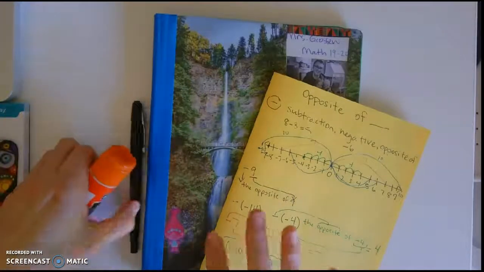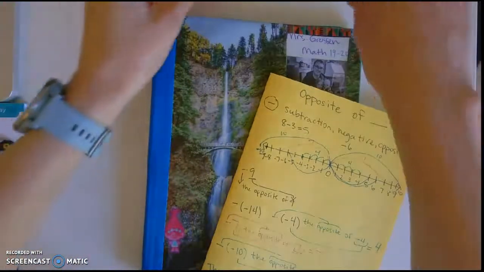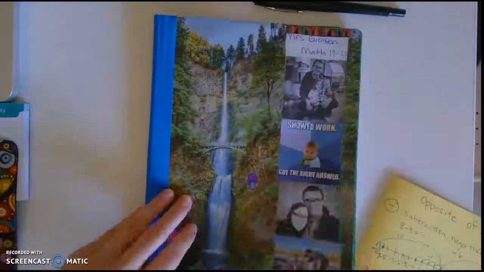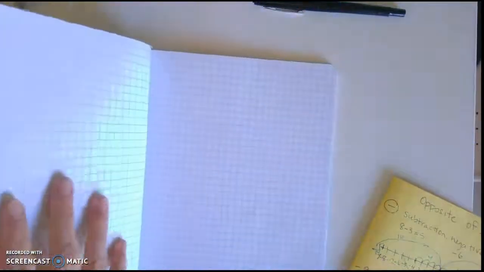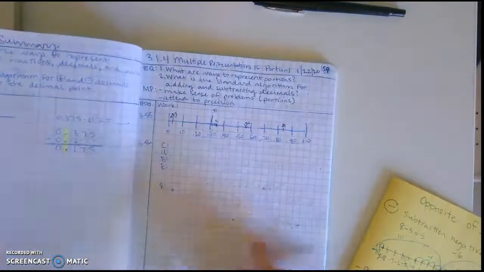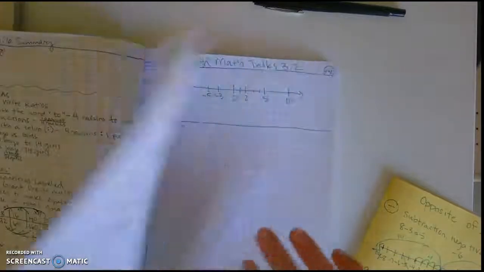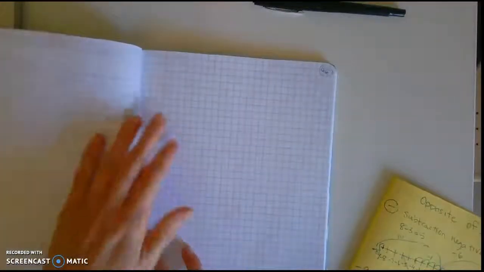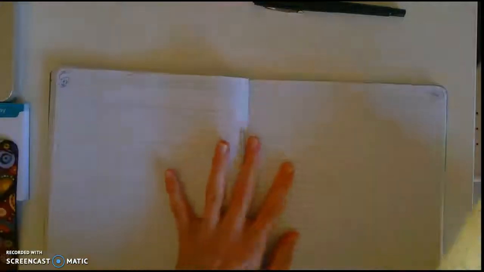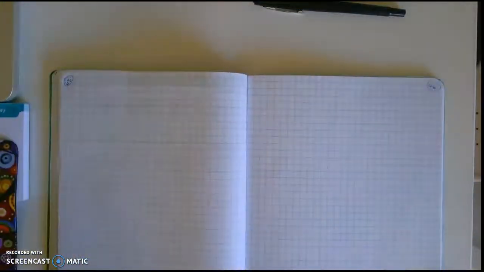So first thing we're going to do is glue in our notes from last week. I'm going to open up to our next blank page, and that's going to be pages 65 and 66. Now it's okay if you're not on the same pages as me because it's yours and you can do whatever you would like.